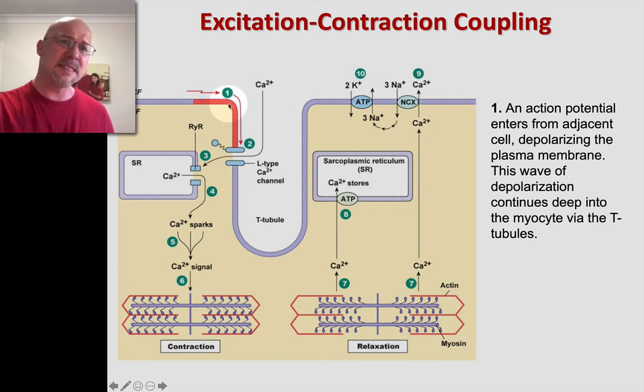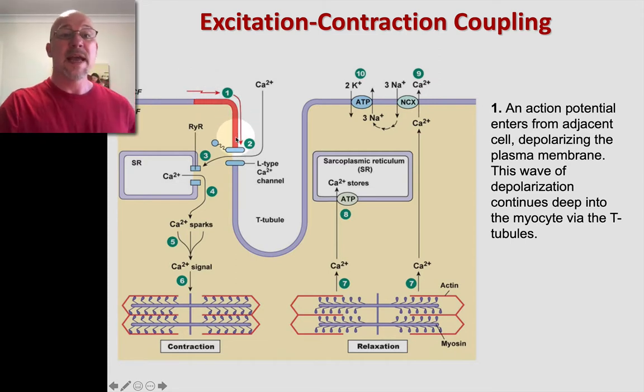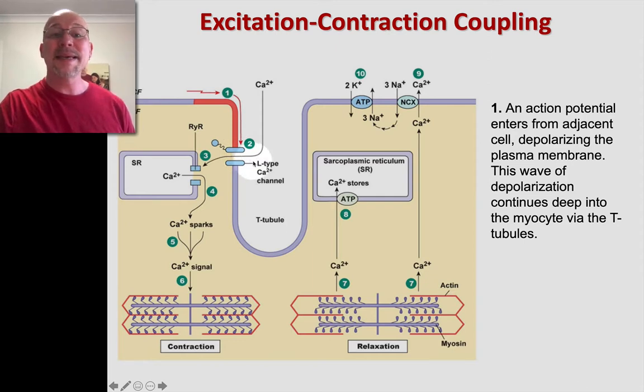But as it comes down through the T tubules, there are channels in the T tubules which are voltage gated channels. So as this wave of depolarization comes down here, it hits these channels and it opens them up. And these are long-lasting calcium channels. So there's a bit of calcium floating around in the extracellular fluid, and when these calcium channels open up, the calcium comes into the cell.